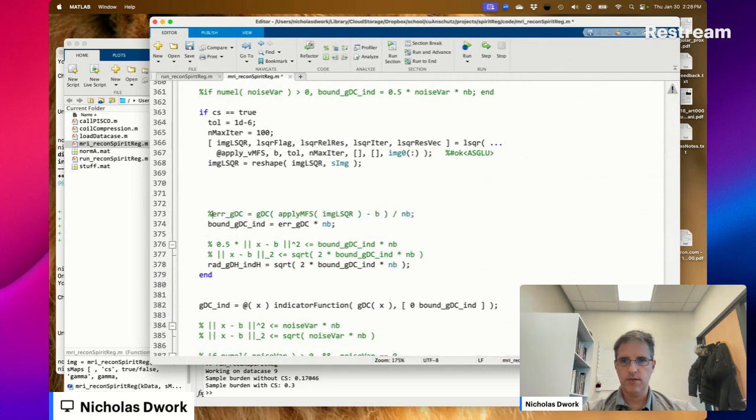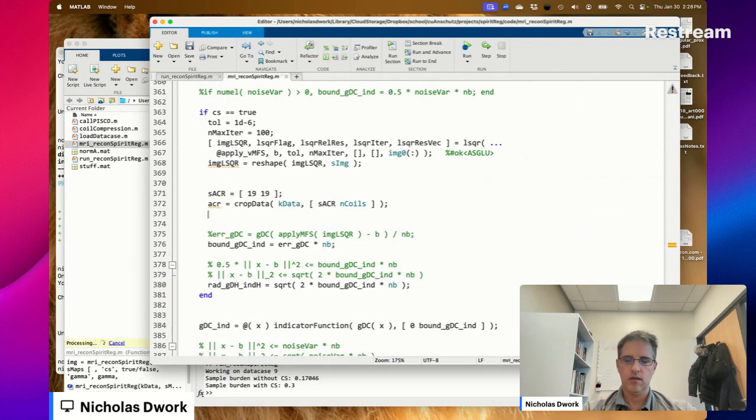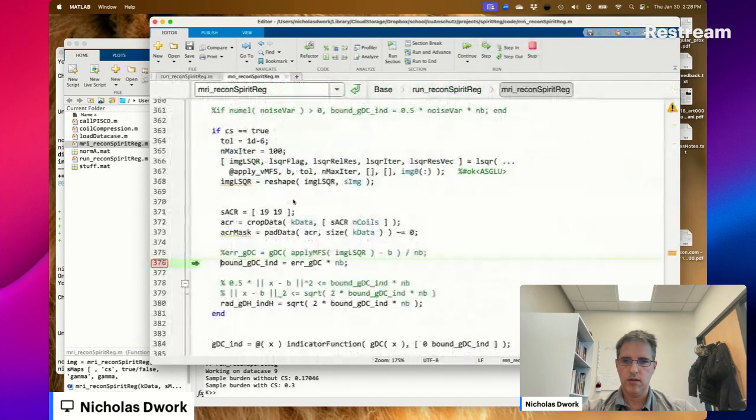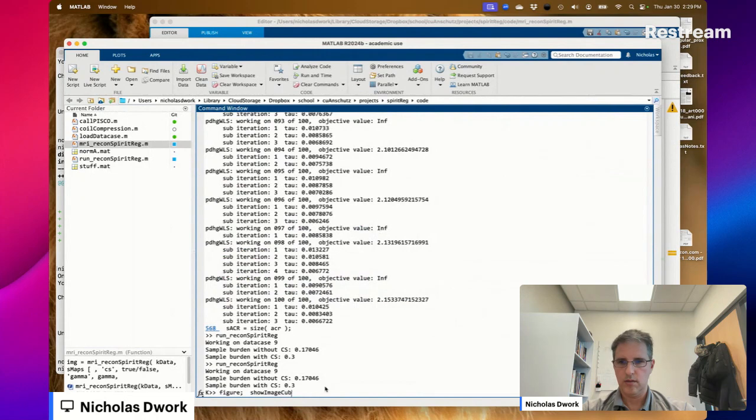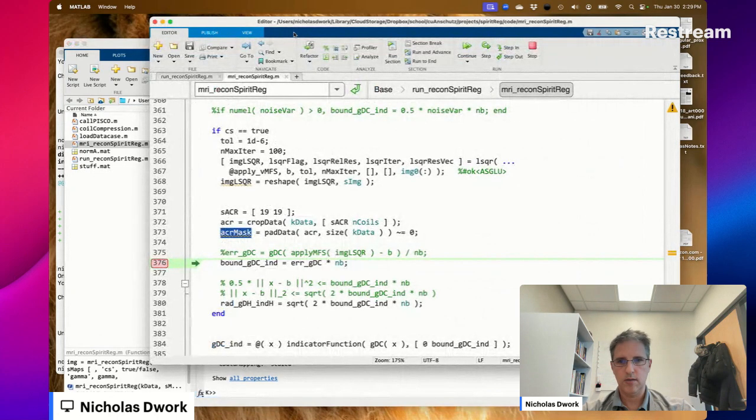Now let's do it for the ACR. ACR mask. That's right.